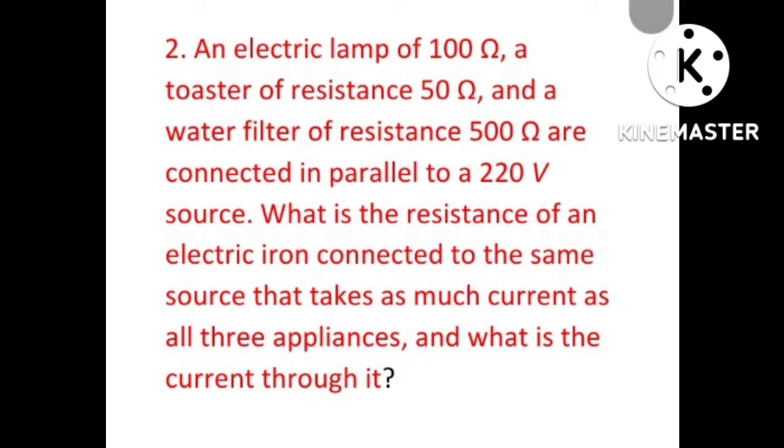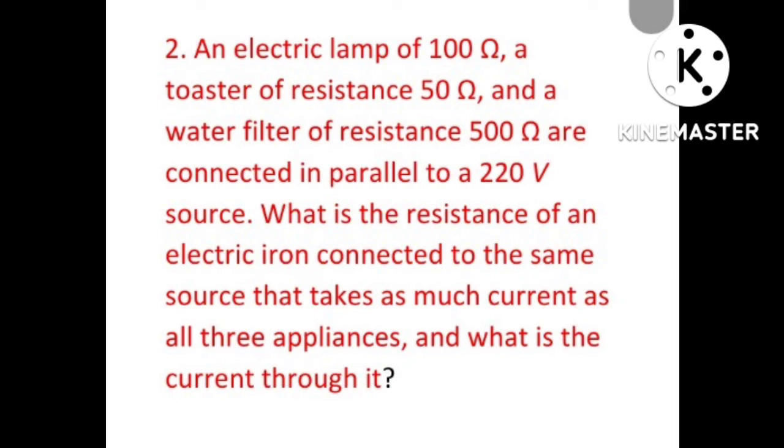Now we can move to the second question. An electric lamp of 100 ohm, a toaster of resistance 50 ohm and a water filter of resistance 500 ohm are connected in parallel to a 220 volt source. What is the resistance of an electric iron connected to the same source that takes as much current as all 3 appliances, and what is the current through it?